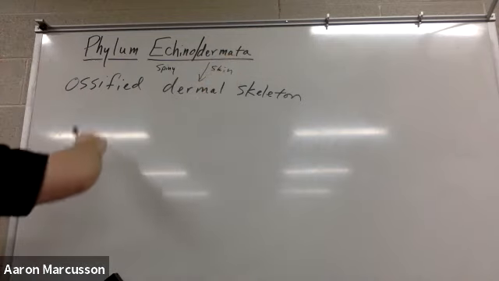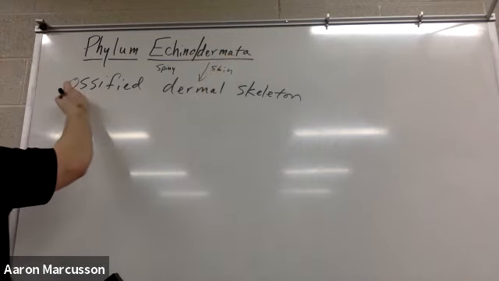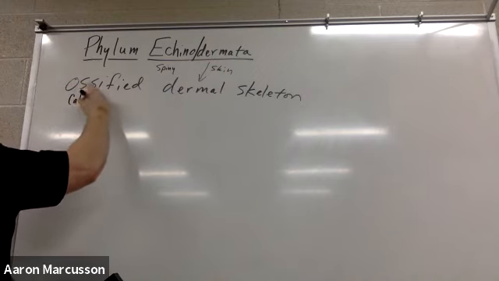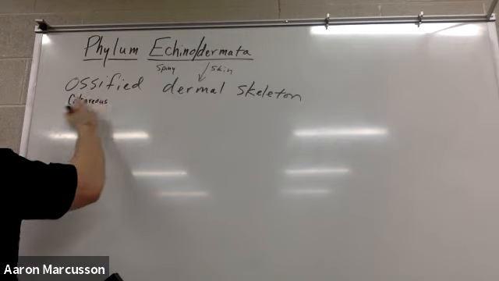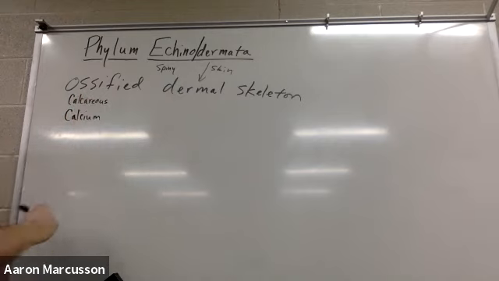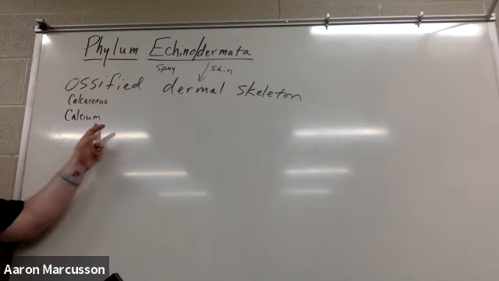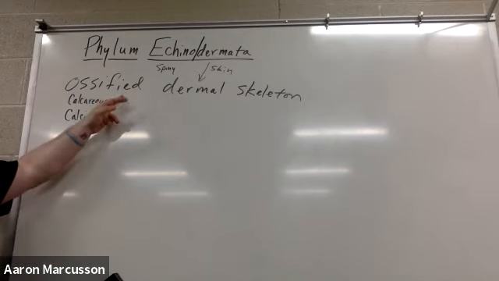Skin. And ossified, you probably don't know what this is. This could be calcareous, we could call it. Calcified, has calcium in it. What part of your body has a lot of calcium in it? Your bones. This is like a type of bone, okay?